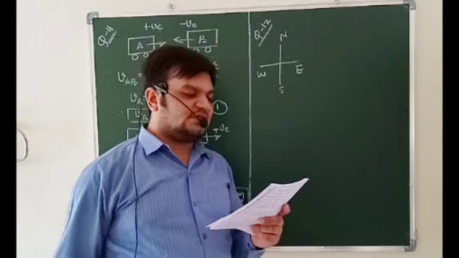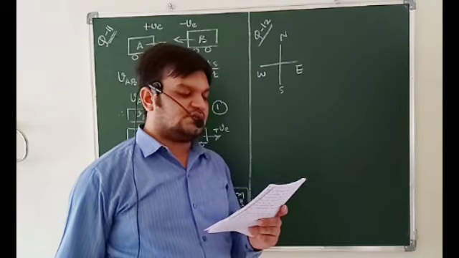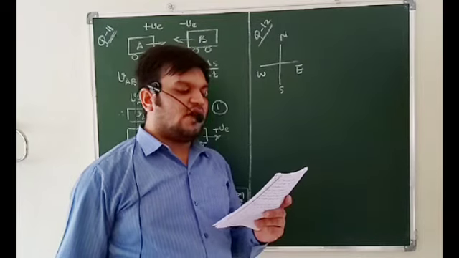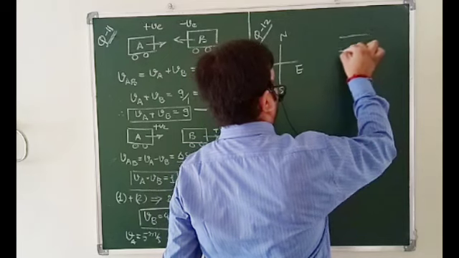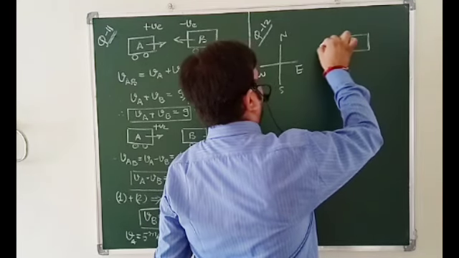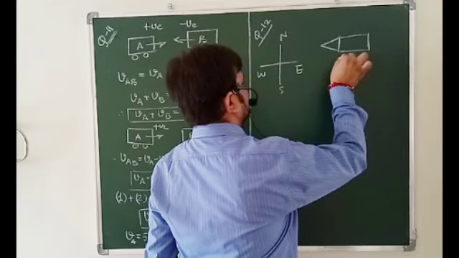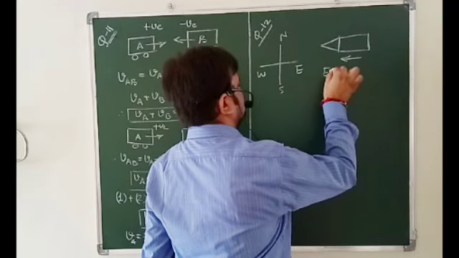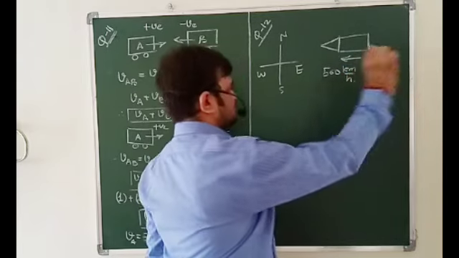Now from the first sentence, a jet airplane is traveling from east to west at a speed of 500 km per hour. So one jet airplane is traveling from east to west at 500 km per hour.